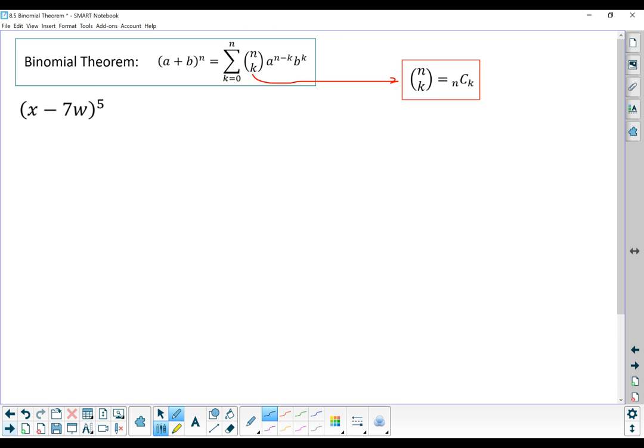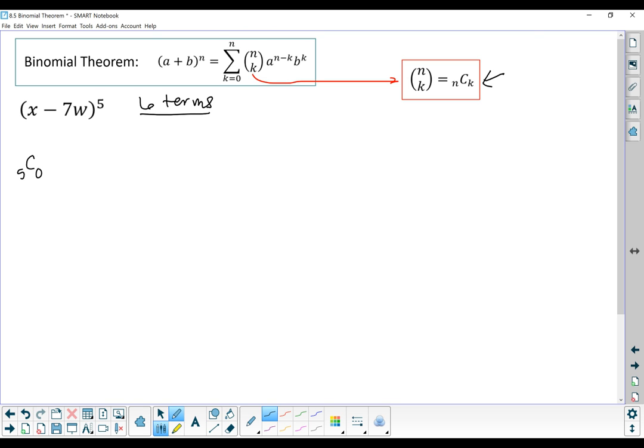Okay, so let's expand this 5th power. We have x minus 7w, and it's raised to the 5th power. So our coefficients are going to be these little combinations. Using that nCr button in your calculator, our power is 5, so we're going to have 6 terms.